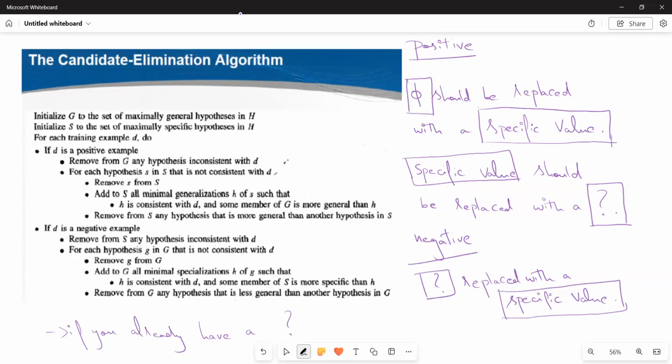If you already have a question mark in the place and it is going for a hypothesis with another question mark, then you can replace it with null. So this is where it began, right? From null to specific, specific to question mark, then again question mark to specific value, and back to your question mark to null.